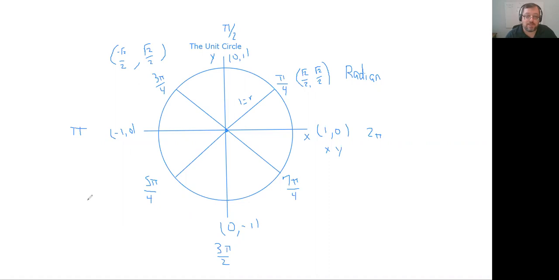So what do you think this is? Negative for both, right? Negative for both. And what do you think this one is? Positive and negative. So it would be the square root of 2 over 2, negative square root of 2 over 2.